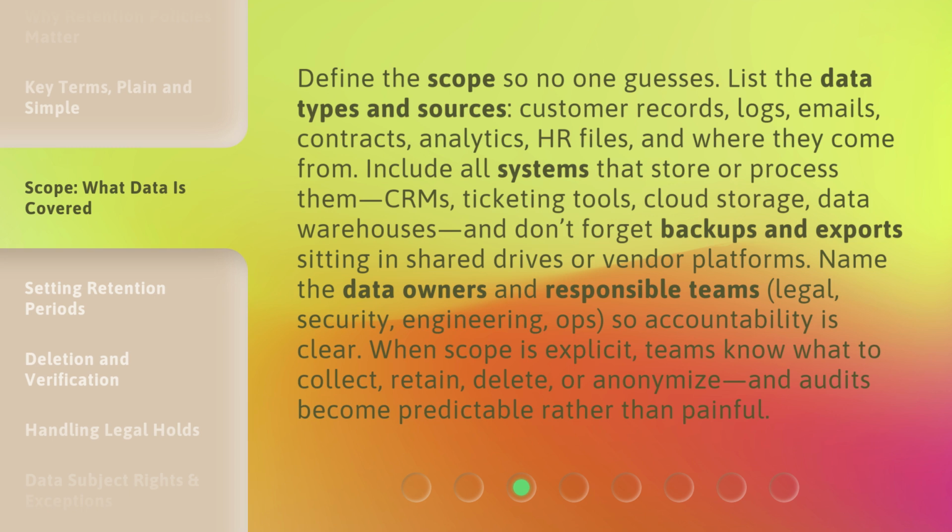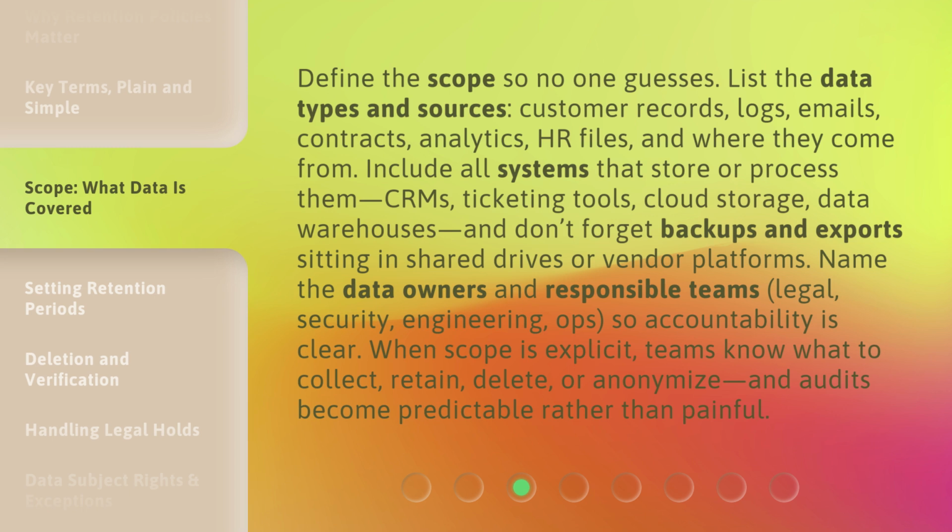Define the scope so no one guesses. List the data types and sources: customer records, logs, emails, contracts, analytics, HR files, and where they come from. Include all systems that store or process them: CRMs, ticketing tools, cloud storage, data warehouses.